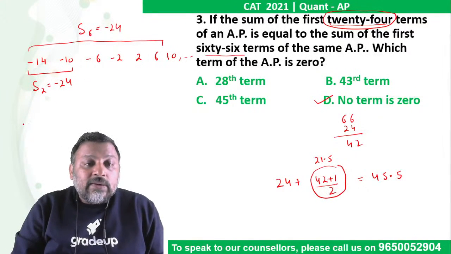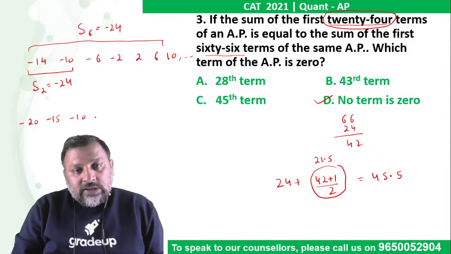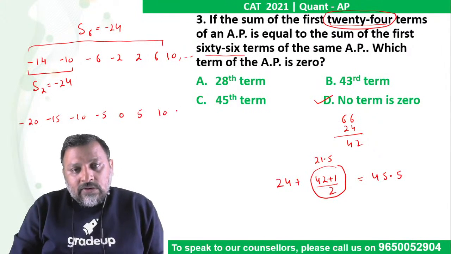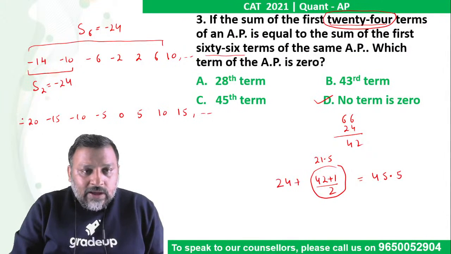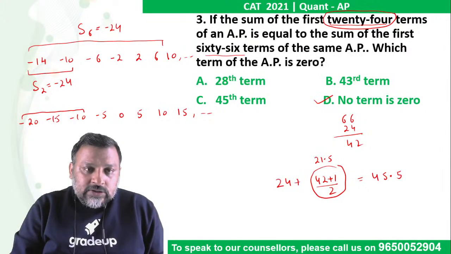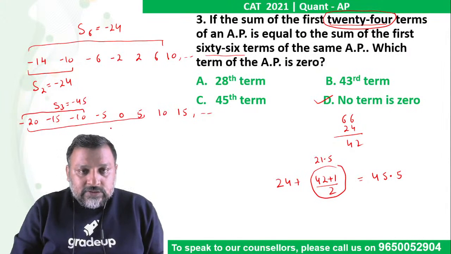Okay, and an AP can also be like -20, -15, -10, -5, 0, 5, 10, 15 and so on. So in this AP, the sum of first 3, which is -45, is the same as the sum of first 6, which is also -45.